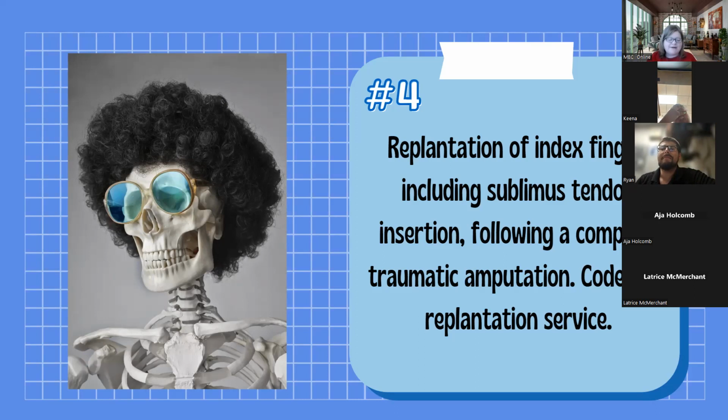You see, it says includes metacarpophalangeal joint to insertion of flexor sublimus tendon, right? And the other one includes distal tip to sublimus tendon.